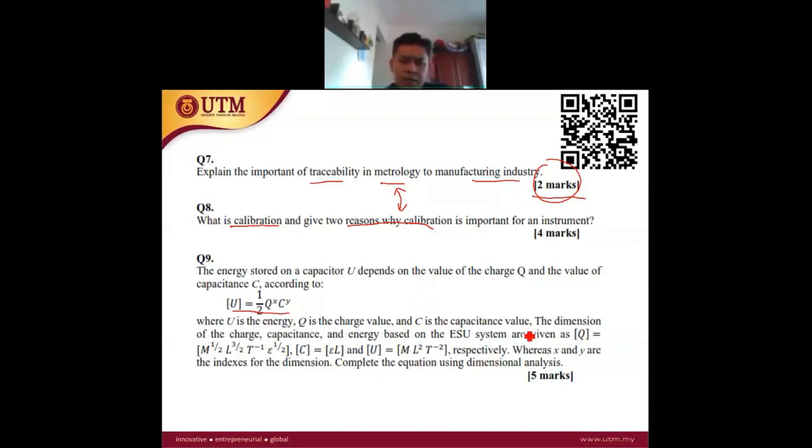The dimension of the charge is given, and the dimension of capacitance is given here, C equivalent to epsilon L, and also the dimension of the energy is already given. But if x and y are indexes of the dimension, you have to find the index value. What is the index value of x and what is the index value of y?